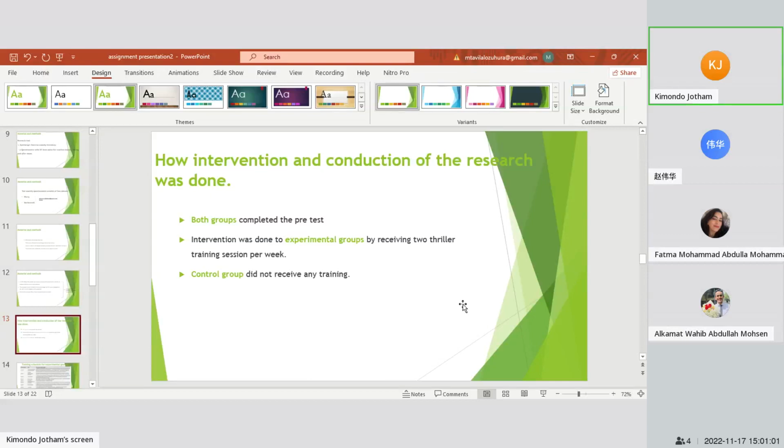So now remember I said they divided the participants into two groups, the control group and the experimental group. So how did they intervene in the experiment so that they could differentiate between the control group and the experimental group? First, both groups completed the pretest.